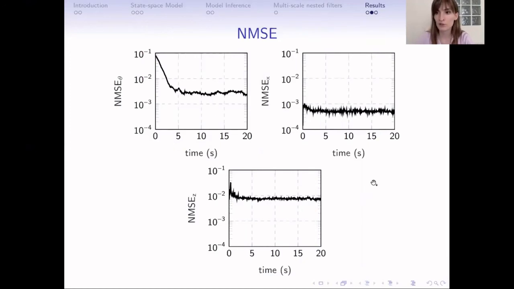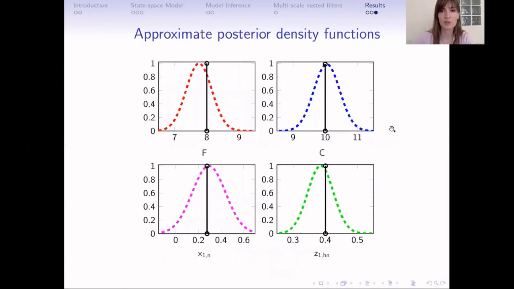And we have also plotted the approximate posterior density functions of F, C, one of the slow state variables and one of the fast state variables in the very last time step of the experiments. And we can see that these posterior density functions get close to the true values that are plotted in black.